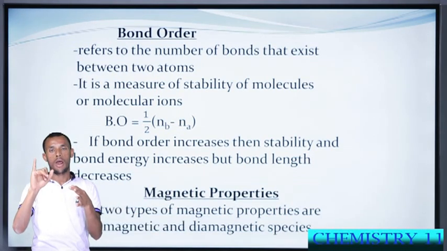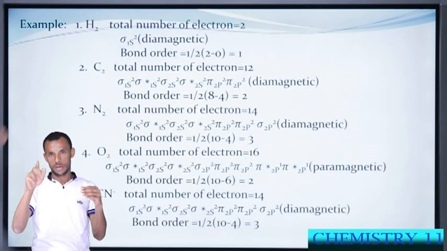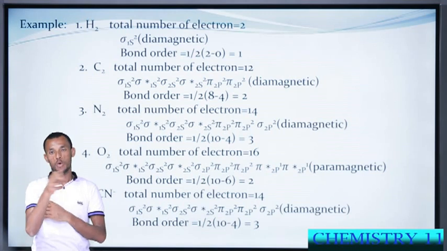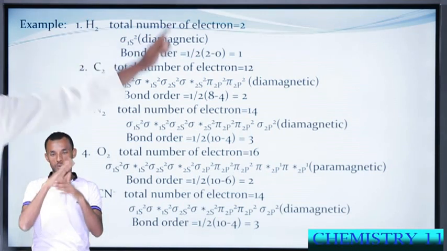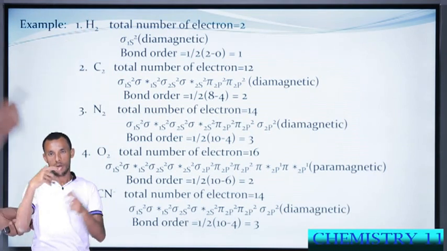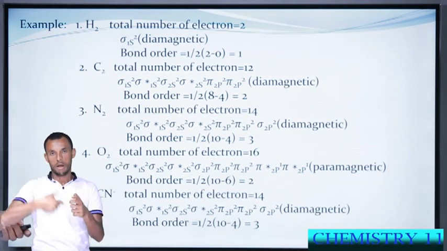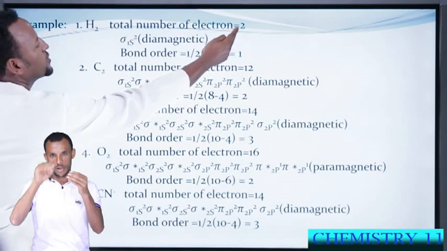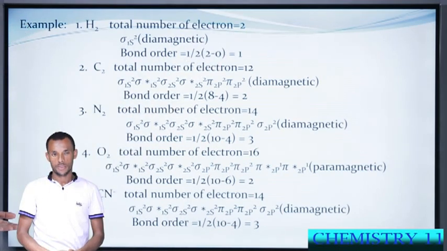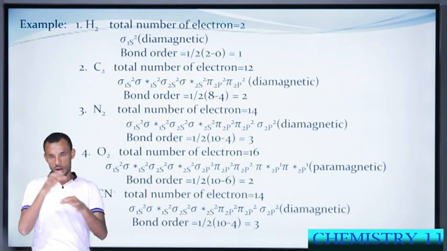For example, H2. H2 is the hydrogen molecule. The first one is total number of electrons. One hydrogen, one electron, another hydrogen, one electron, 1 plus 1, 2. 2 is the total number of electrons. The other one is the molecular orbital electron configuration.